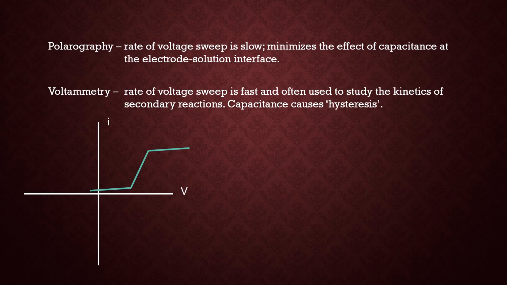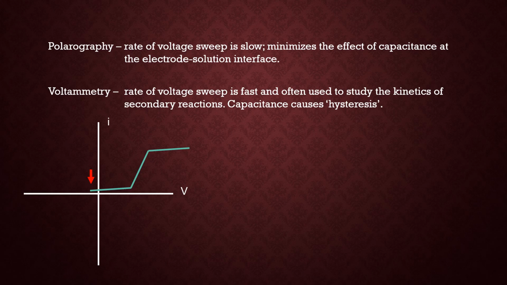But it gives me the advantage of being able to do kinetic studies, namely play around with the rate of the voltage sweep, which determines the rate of the production of the reduced or oxidized species in solution. If I have another reaction taking place in there, I can make those two reactions compete with one another and observe the changes in the concentration, namely the peak heights. So this gives me information regarding the kinetics of chemical reactions. This is more of interest if you're doing PChem or electrode reactions.